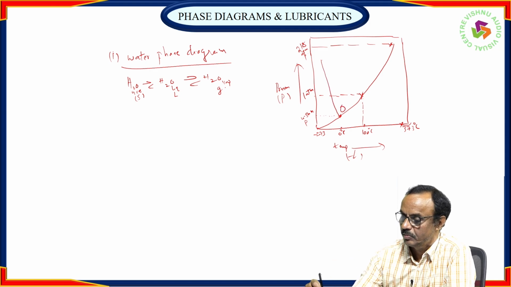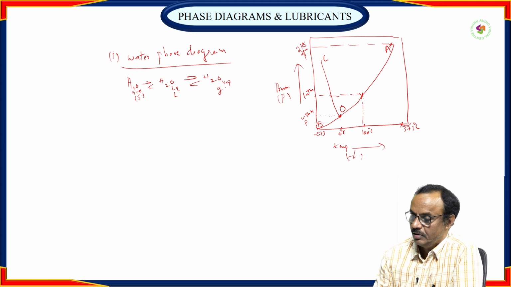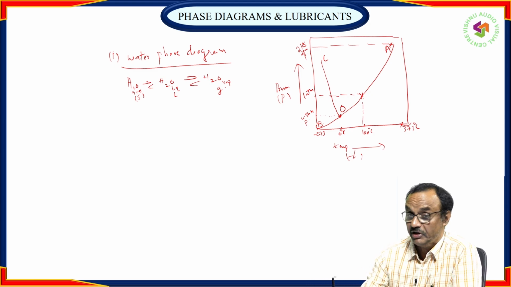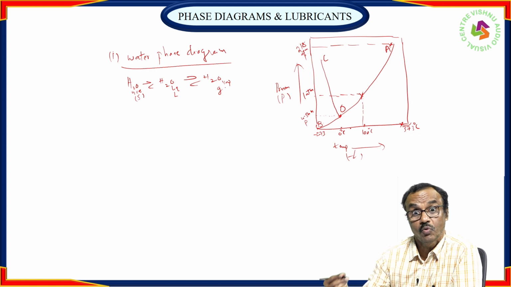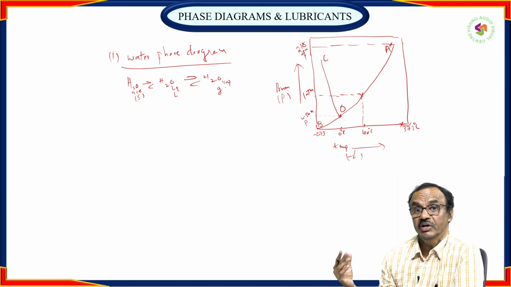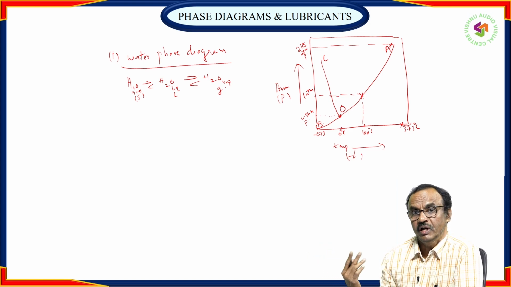Right? Put A, O, C, O, B. This is called 100 degrees, 0 degrees. At 10 degrees also water vaporizes, but water boils at 100 degrees centigrade. At 20 degrees also, in the ocean, the temperature of the ocean changes from region to region, country to country. The average Earth surface temperature is about 27 degrees only.